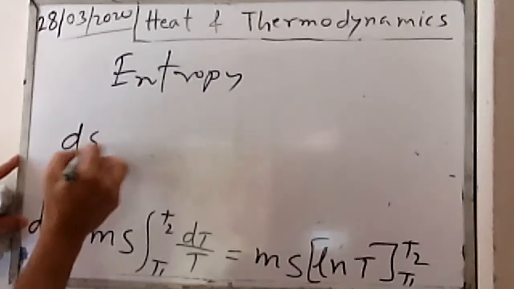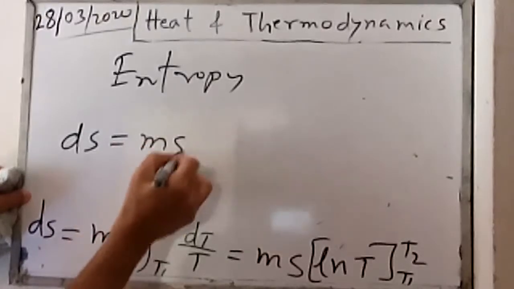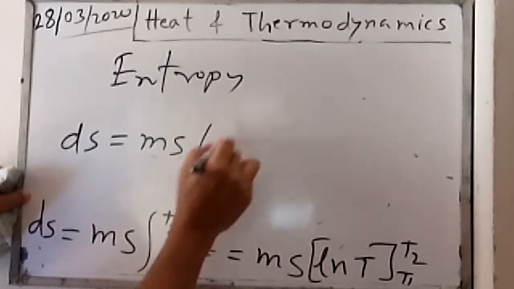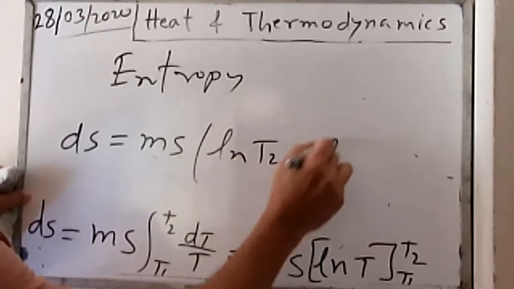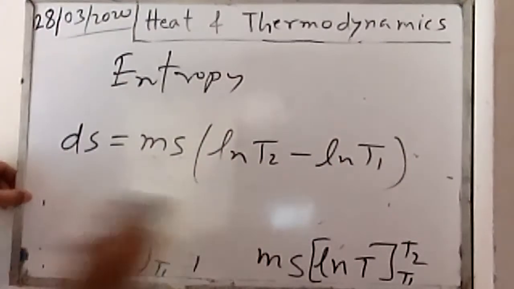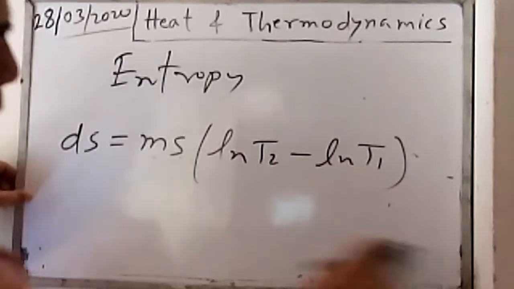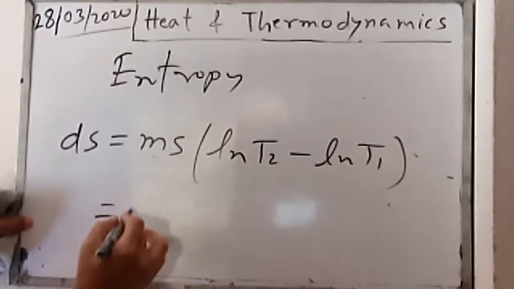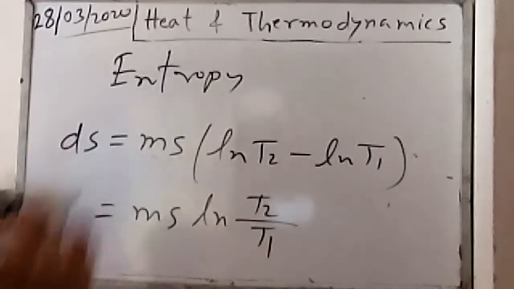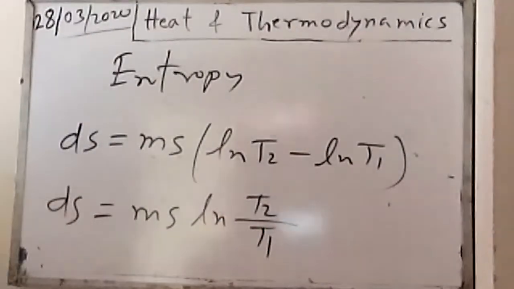Now dS equal to ms (ln T2 minus ln T1). And finally, dS equals ms ln T2 by T1.